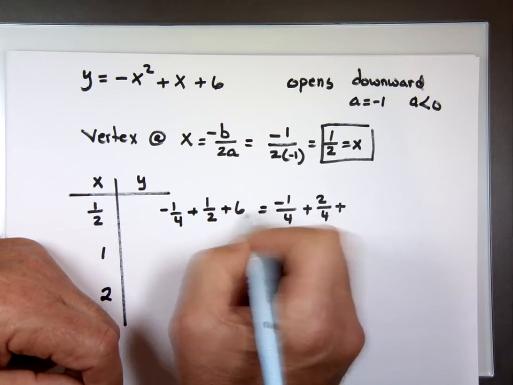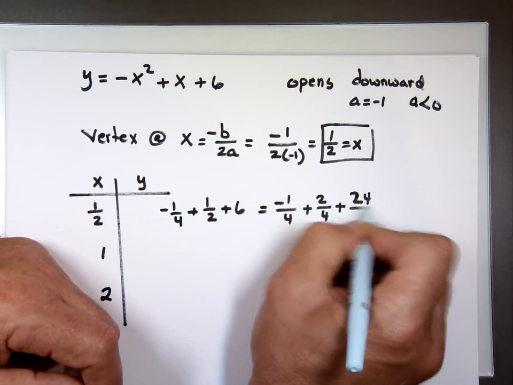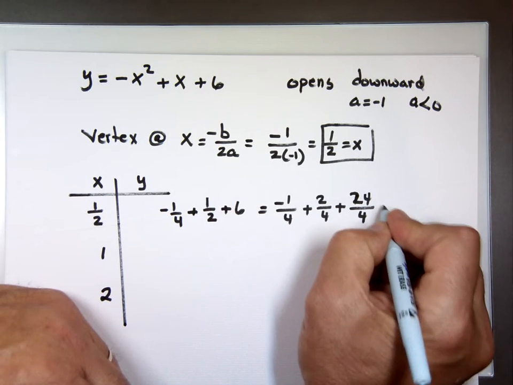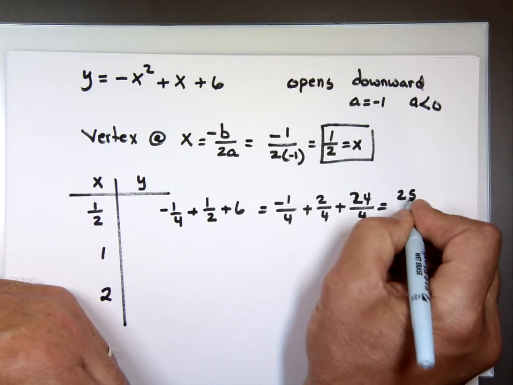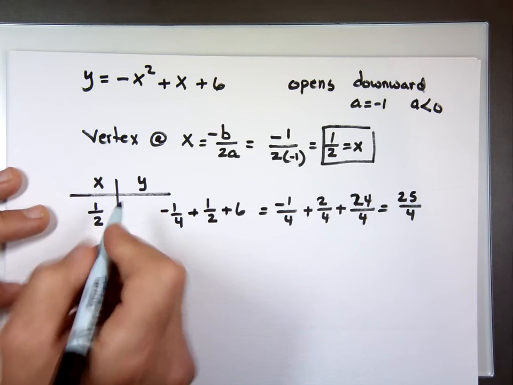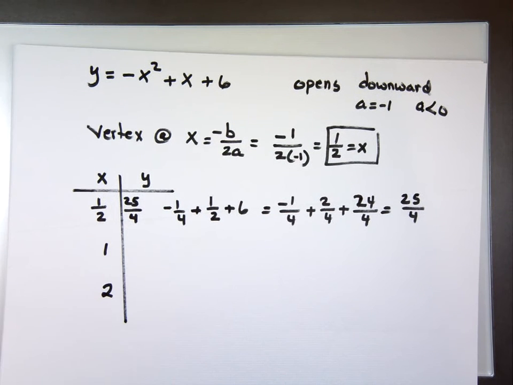And the 6 is 12. No, 24. Is it 24 over 4? That's what 6 is. 24 and 2 is what? 26 minus 1, that's 25 over 4. So that's the y value. That's a little bit more than 6. 6 1/4, if you do the math.